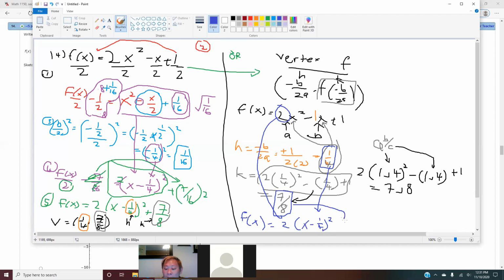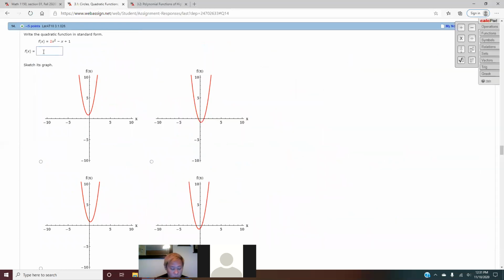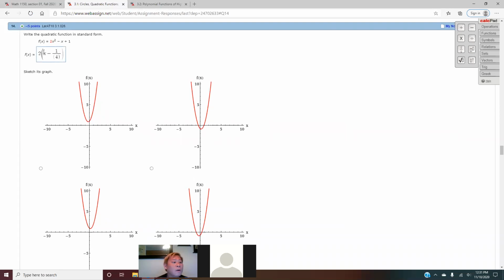And then your k is the 7 over 8. And this f(x) is the same as this one. They are the same. Okay. So with this, we know your standard form, which is 2(x minus 1 over 4) squared minus 7 over 8.